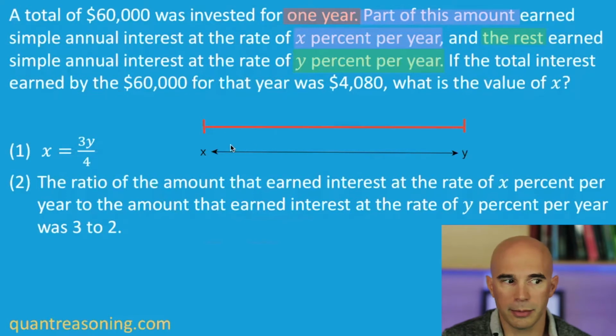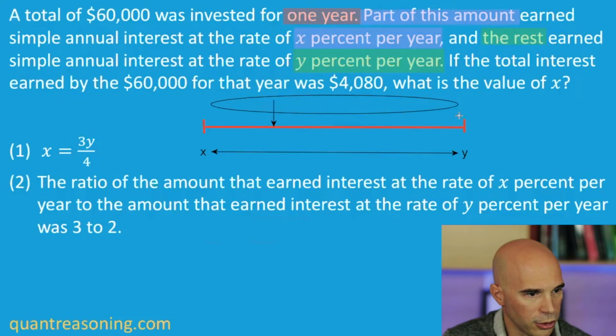Is X the smaller number and Y is the bigger number, or vice versa? I don't know. And I'm going to put for now a placeholder somewhere on that number line. I don't know exactly where that belongs. Maybe I'll put it in some kind of shape there to kind of show it's somewhere in that cloud. I don't know where exactly.